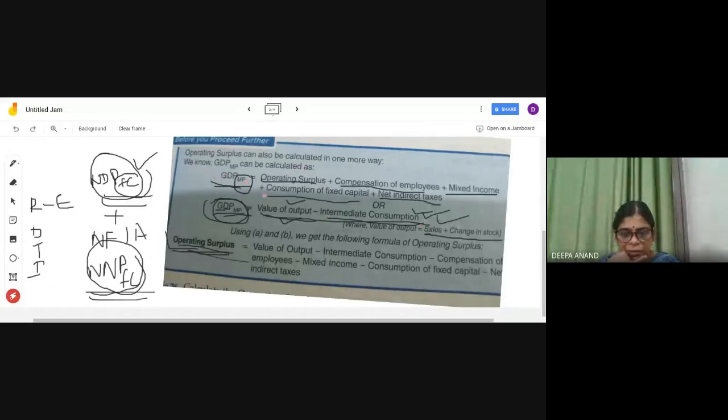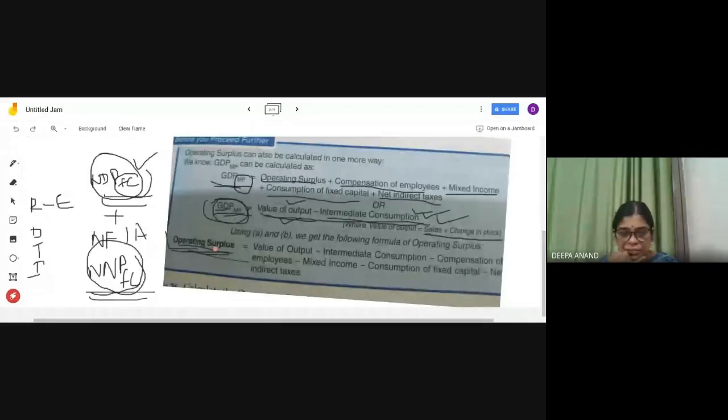This equation is derived because operating surplus is equal to GDP at MP. For that what will we write? Value of output minus intermediate consumption minus compensation of employees minus mixed income minus consumption of fixed capital minus NIT.